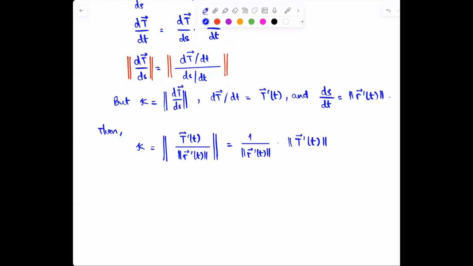Or you can write kappa equal to the magnitude of the derivative of the unit tangent vector divided by the magnitude of the tangent vector.